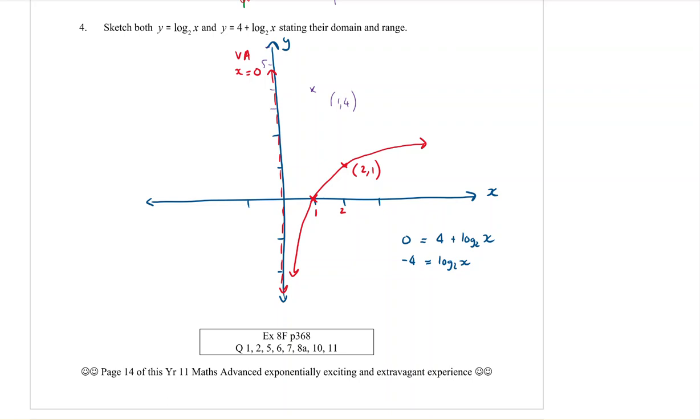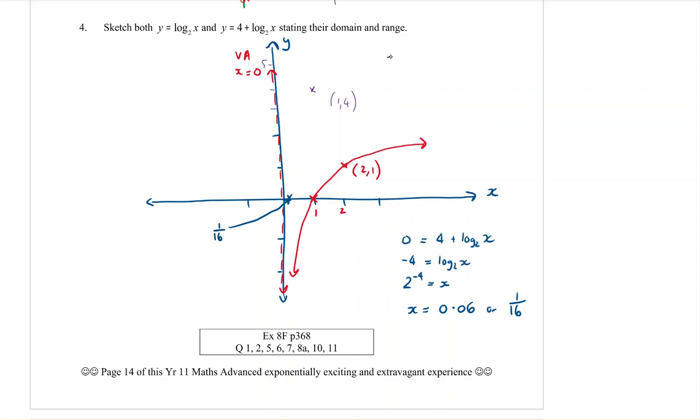Slide the base 2 across to the other side, it'll be 2 to the power of negative 4 equals x. Now you can find that as a decimal. That is equal to approximately 0.06 as a decimal, or 1 over 16 if you leave it as a fraction, which is exact, which is probably better. Okay, so right down here, very, very small, there is going to be an intercept at 1 over 16.